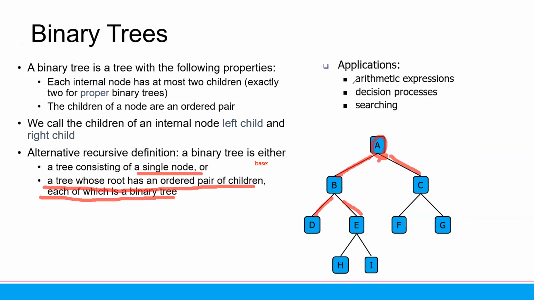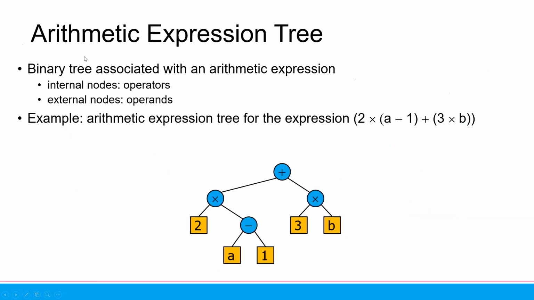We can use it as an arithmetic expression. We can use the decision process or something like searching. We can use these binary trees. In the arithmetic expression, usually we can say that the internal nodes are the operators, and the external nodes are the operands.